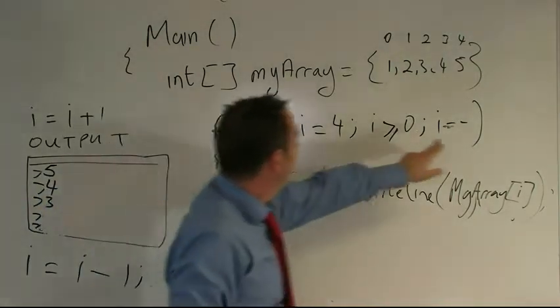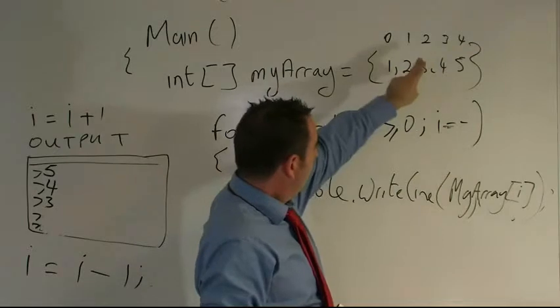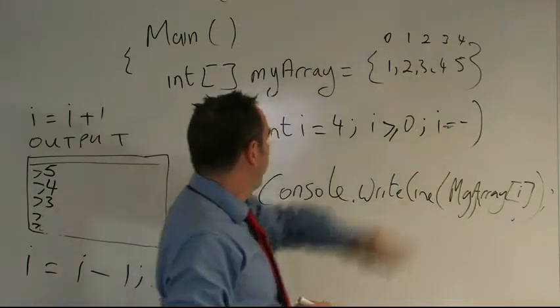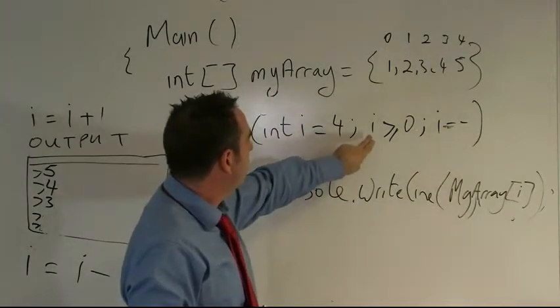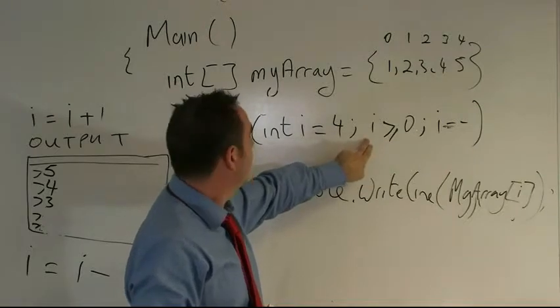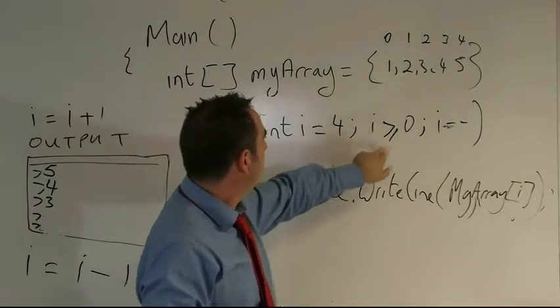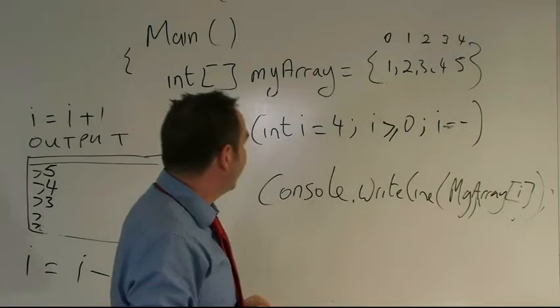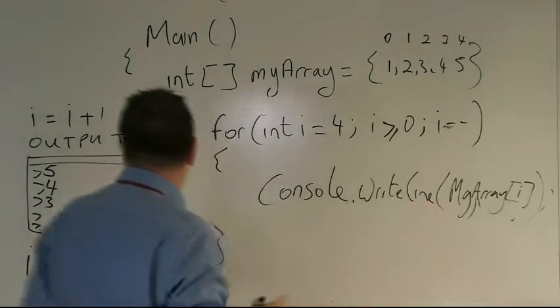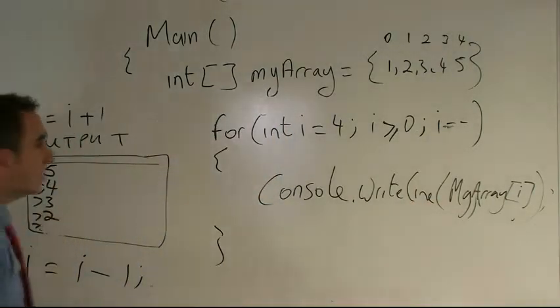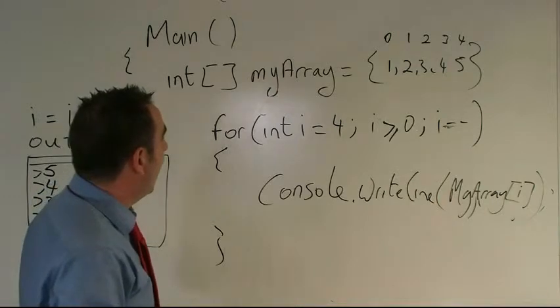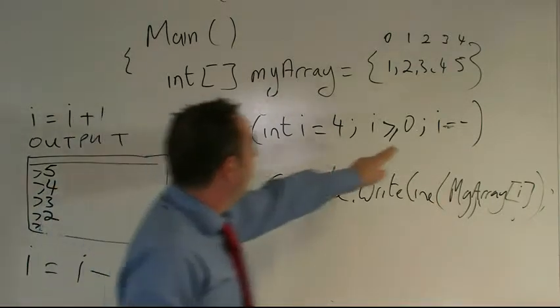The decrement takes place again, it goes from 2 down to 1, then we check our condition: is 1 greater than or equal to 0? It is indeed, so we'll print to the screen position 1, which is 2.